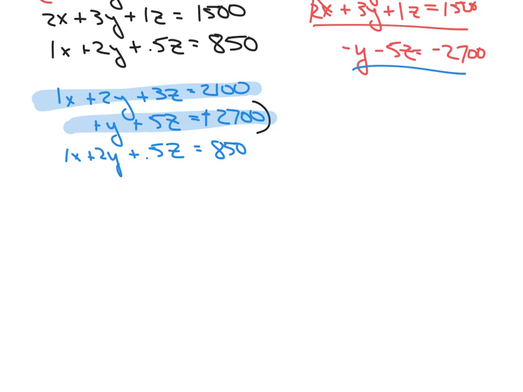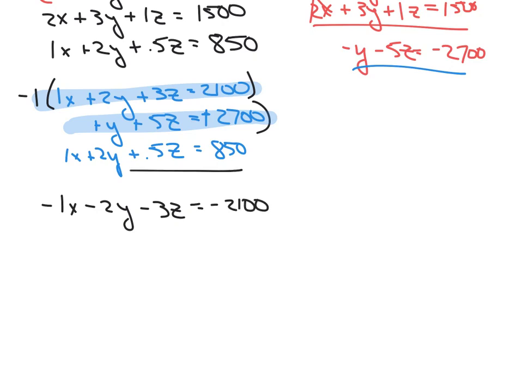Or, now that I look at it, another option is to multiply this whole thing by a negative 1, and that will be added to that, and we can get our answer. But let's do what I said first. Doesn't really matter which one you do, but let's just do that. And that gives me negative 1x minus 2y minus 3z equals negative 2,100, and we're adding it to this, the one that we're changing.